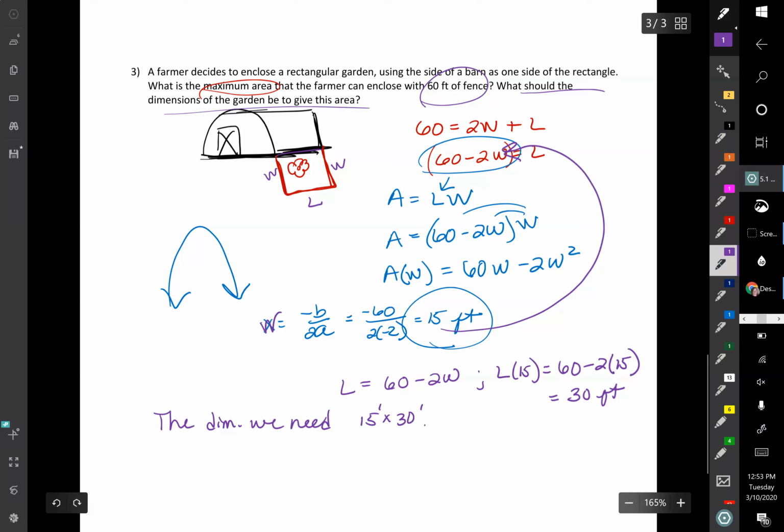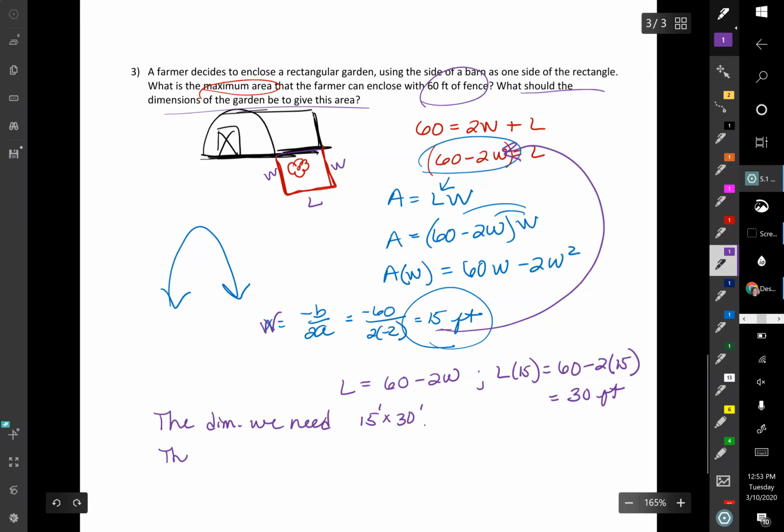But the area, we figured out a piece of it. We know that the width is 15. And then we also figured out that the length is 30.